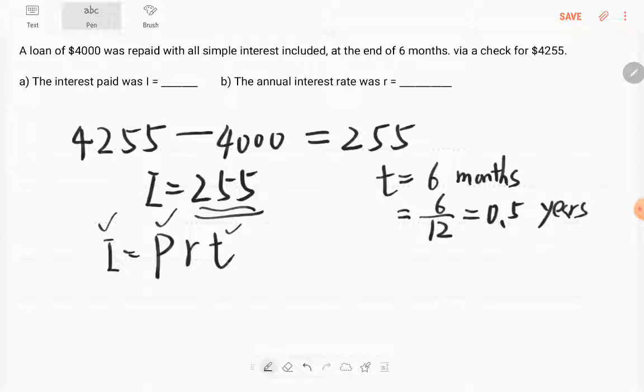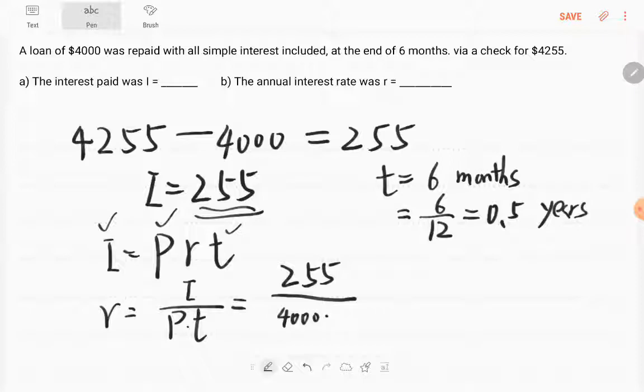So what is R? R is equal to I divided by P times T. So we plug in the numbers. This is 255 divided by the principal 4,000 times T, 0.5. So this would be 255 divided by 2,000, right?